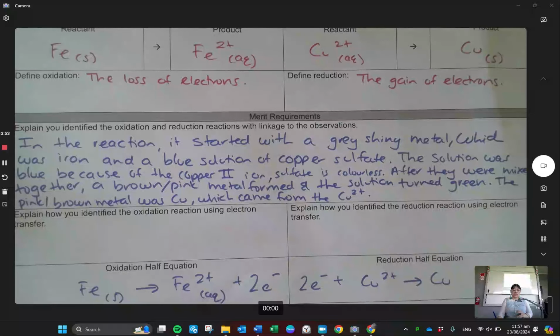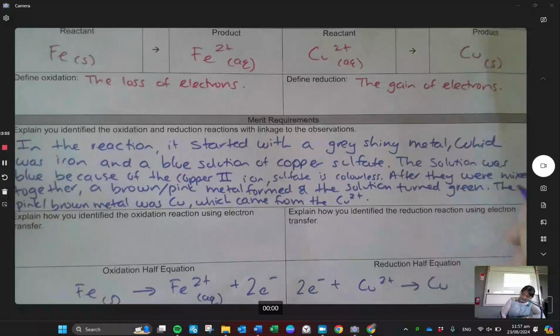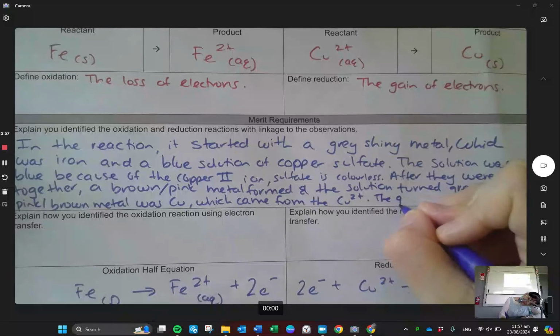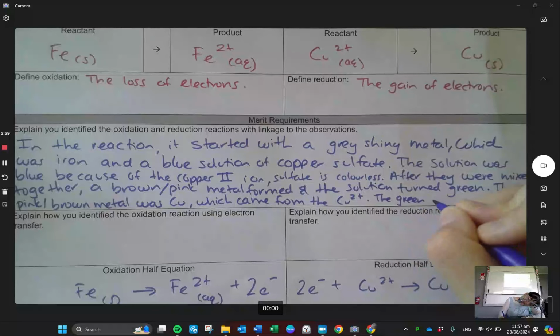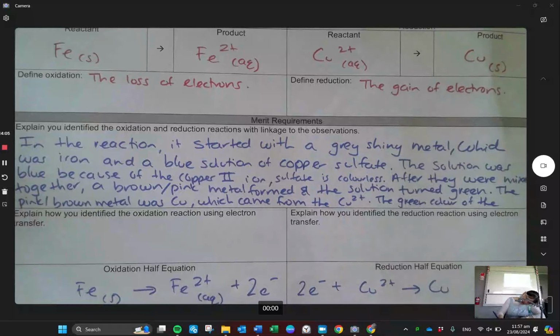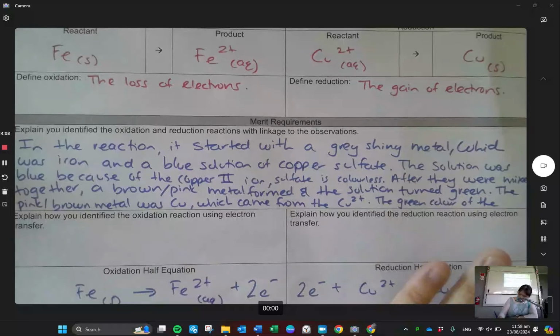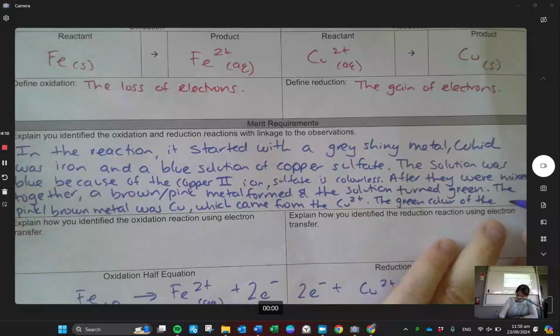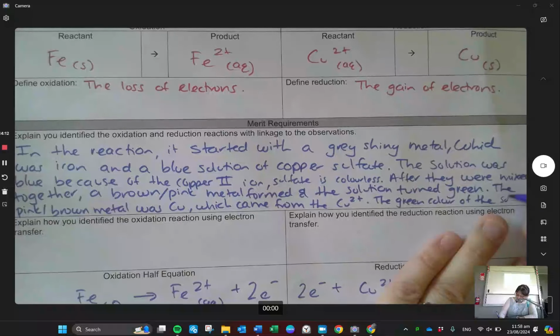And the green came from the iron 2. I should make this bigger. I'll make that bigger for next time. The green color of the solution was from Fe2+, which came from the iron.